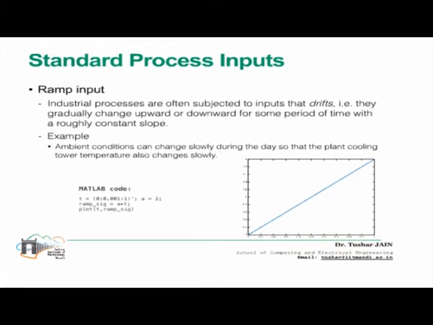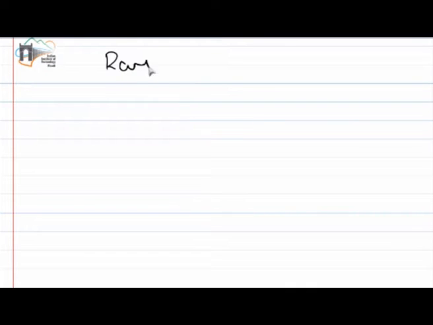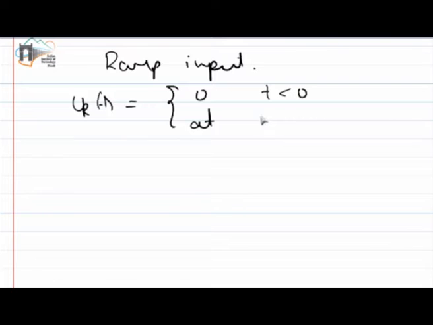Also, another important signal is the ramp input. The ramp input has this kind of behavior where it starts at 0, and either gradually increases or decreases, depending on the process conditions. This is how you represent the ramp input signal mathematically, u of t.